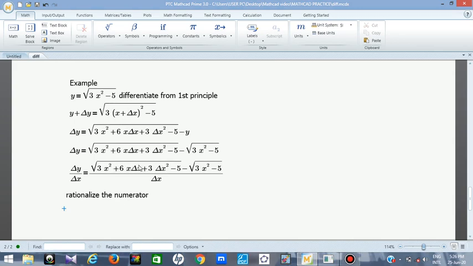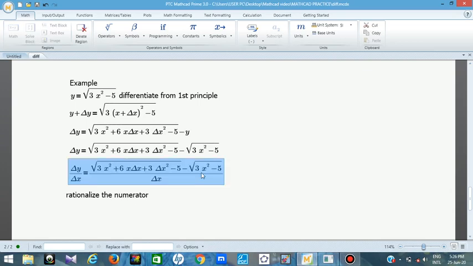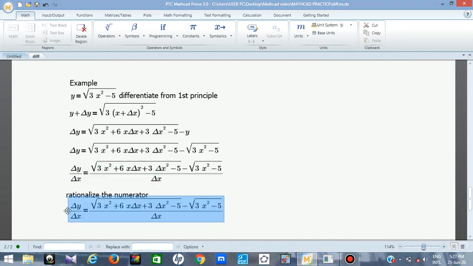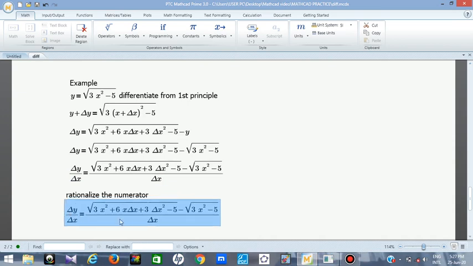So when you have to rationalize the numerator, you know what we are going to do. The minus in the numerator is going to turn to plus, so you multiply the numerator and the denominator by it. You remember how we rationalize. Let me copy this so that it will be fast. Then we repeat the same thing.